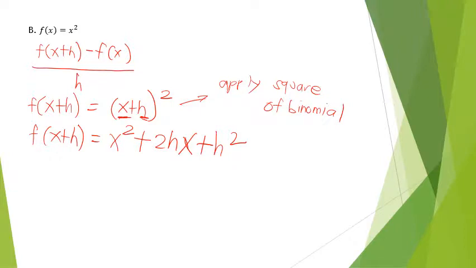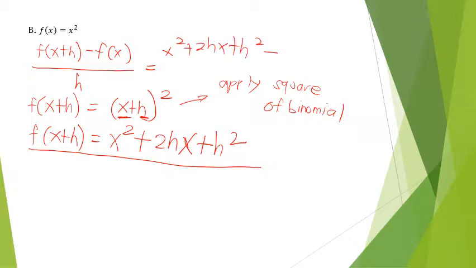Okay, na-evaluate na natin yung f of x plus h. Ngayon, isa-substitute na natin siya. Dito. Ano ang f of x plus h? Dito. X squared plus 2hx plus h squared minus, anong f of x? F of x yun eh.